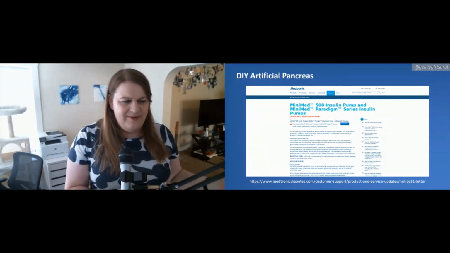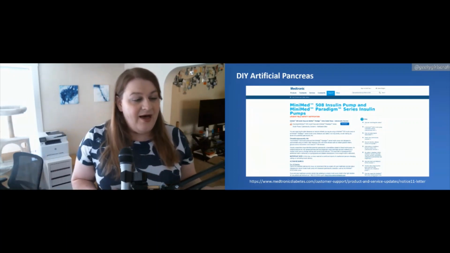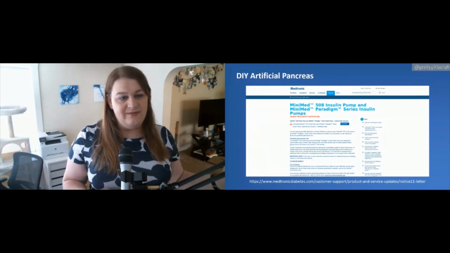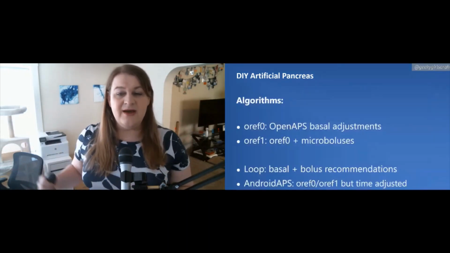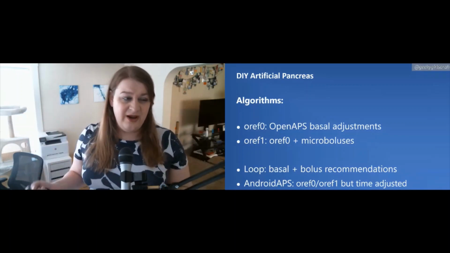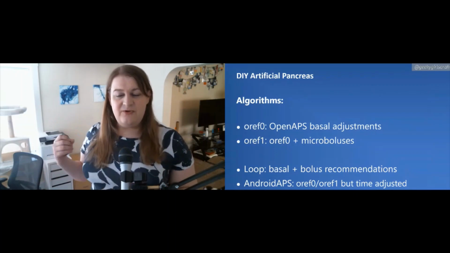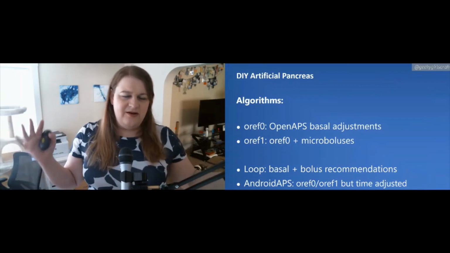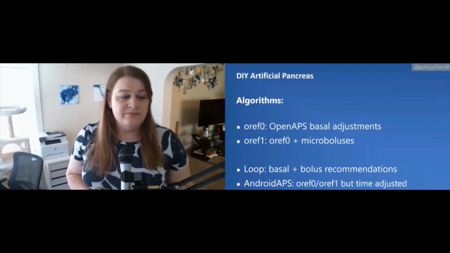So with OpenAPS, Android APS, and Loop, there's a few different algorithms they use. OpenAPS has OREF0, which was the very first algorithm that determined what to do. It adjusts that basal over time, so you can hopefully keep you in range. OREF1 does that, plus gives you extra boluses. So if you eat too many carbs and you don't dose enough, it will start to give you more to try and counteract that.